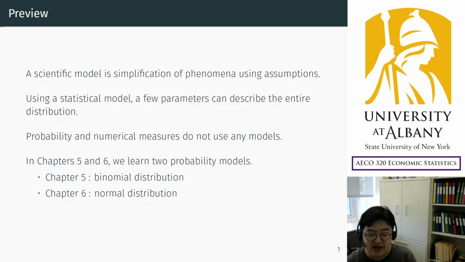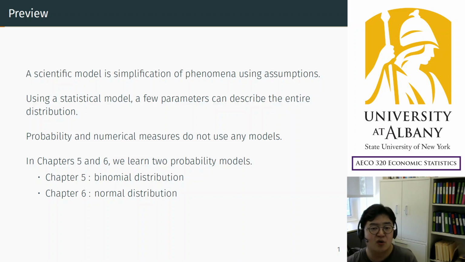So in this chapter, we are going to change our approach. What we are going to do is make assumptions. Some key property or key feature of the experiment will be incorporated as an assumption, and then based on the assumption, we can summarize the data without losing any information.